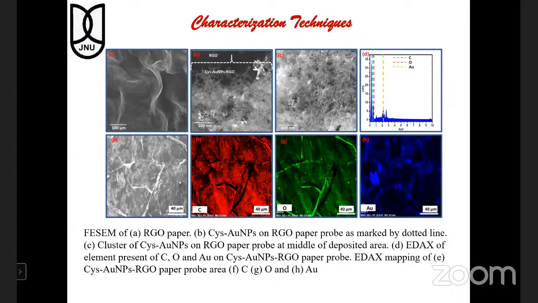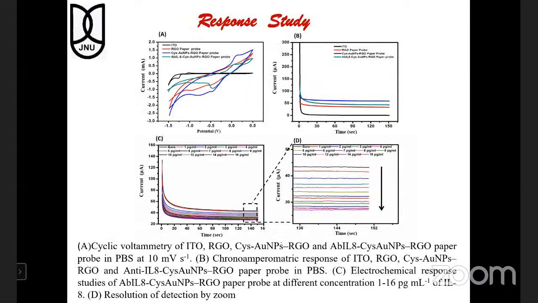This EDX shows the carbon, oxygen and gold present on the electrode surface, and the color photograph shows the presence of carbon, oxygen and gold on the conducting paper. So these confirm the nanomaterials on the conducting paper, showing all the elements.